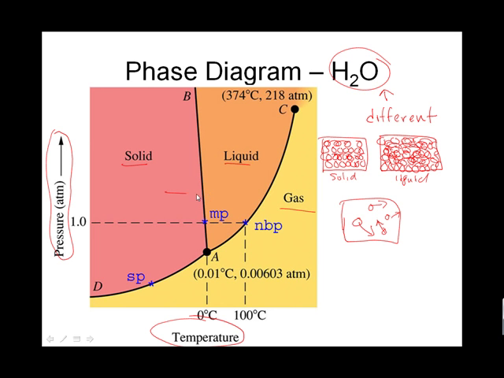Let me give you some vocabulary. Solid into liquid is what we call melting. Melting, in the more scientific term, is fusion. Okay, fusion means melting. The opposite way, we call it freezing.